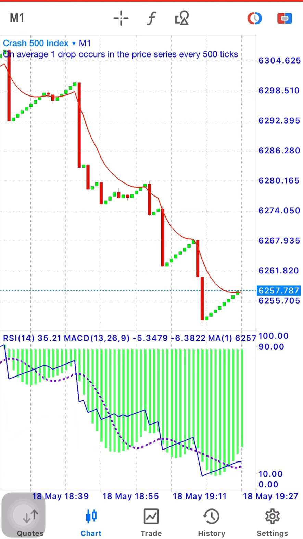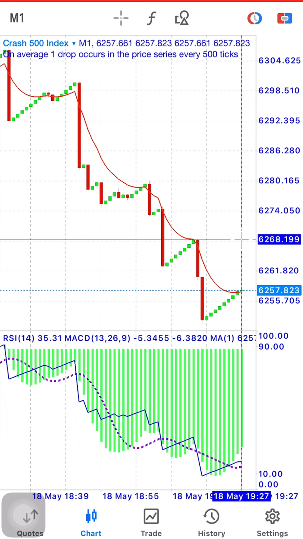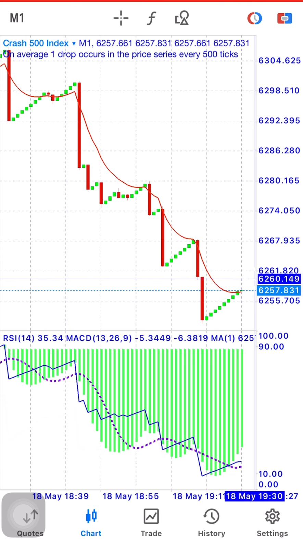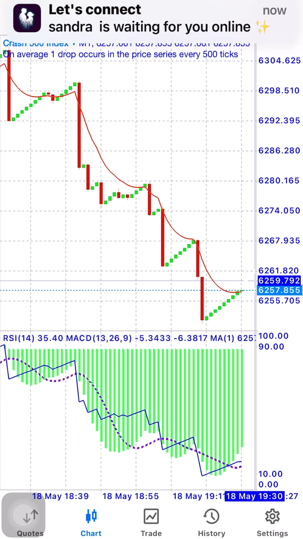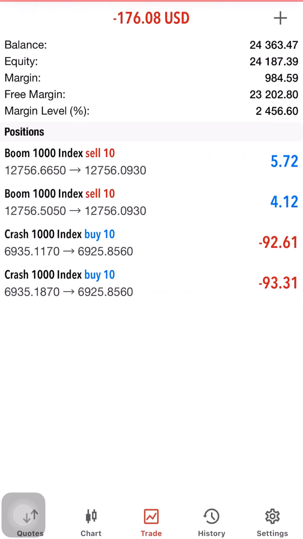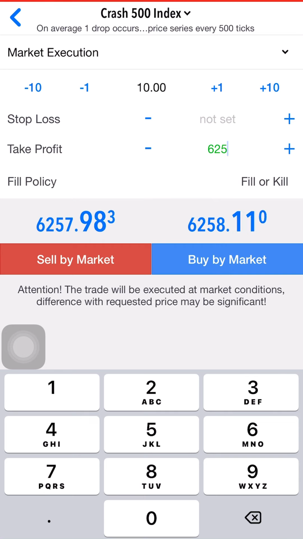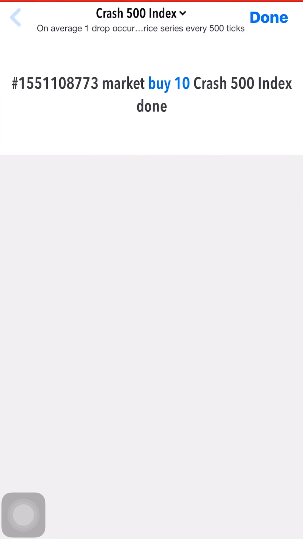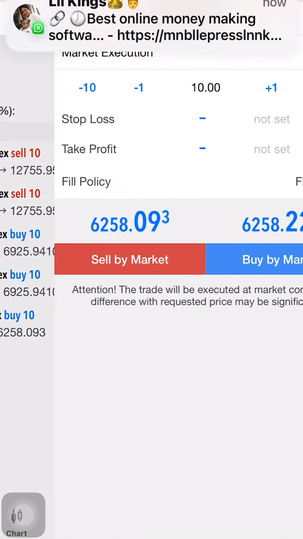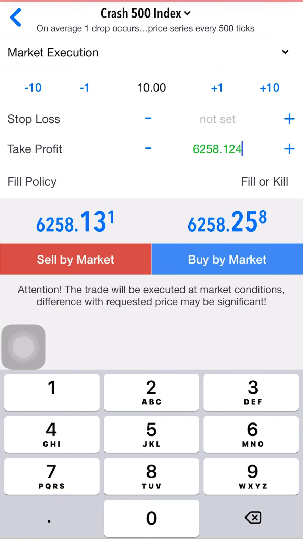Okay, we can take maybe one candlestick here. So let's just say 59.792.